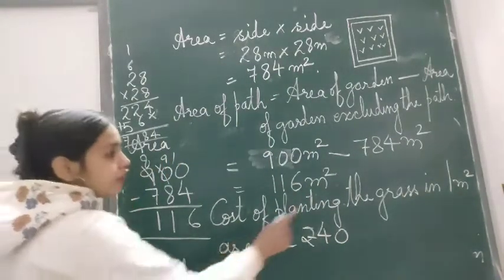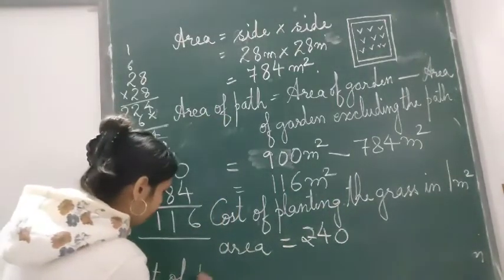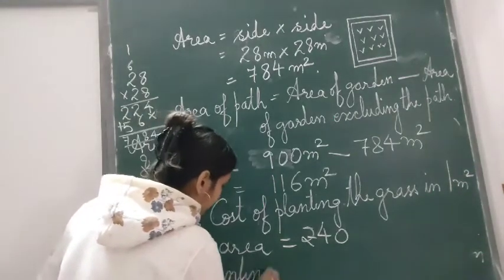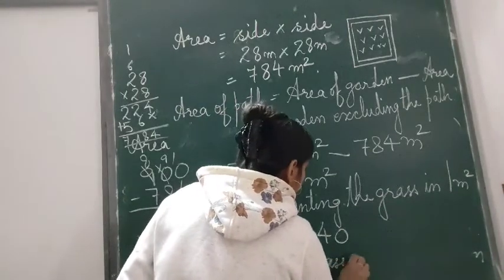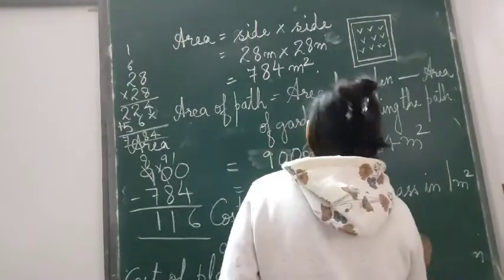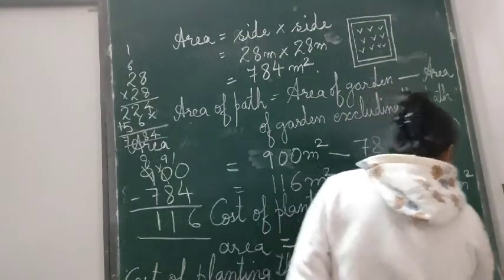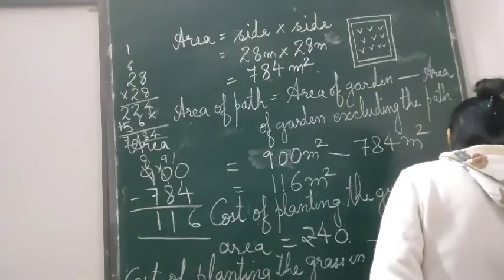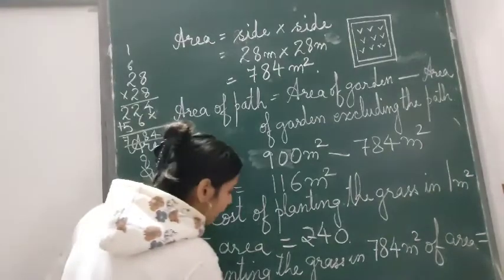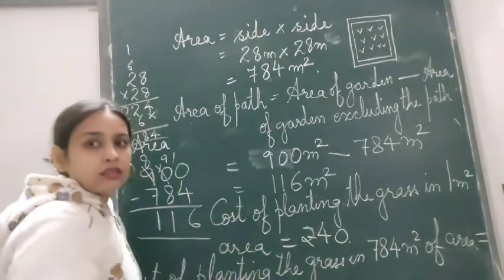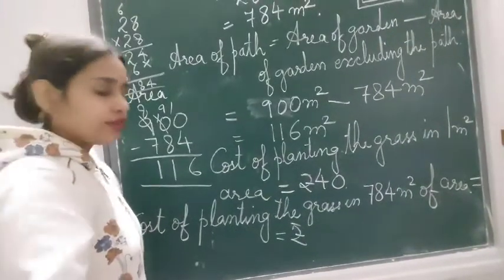So now we write, instead of 1 meters, now we will write 784 meters square. So cost of planting the grass in area is equal to rupees. Now I'll put it little down, children.